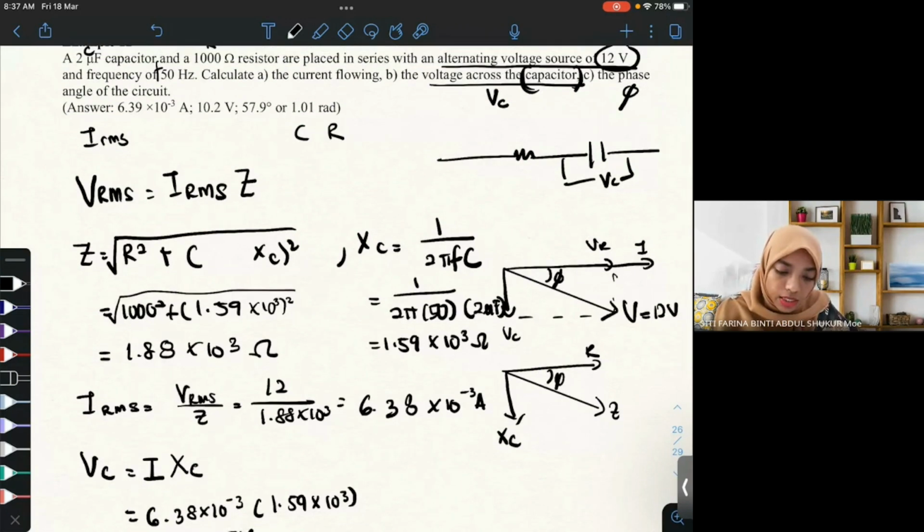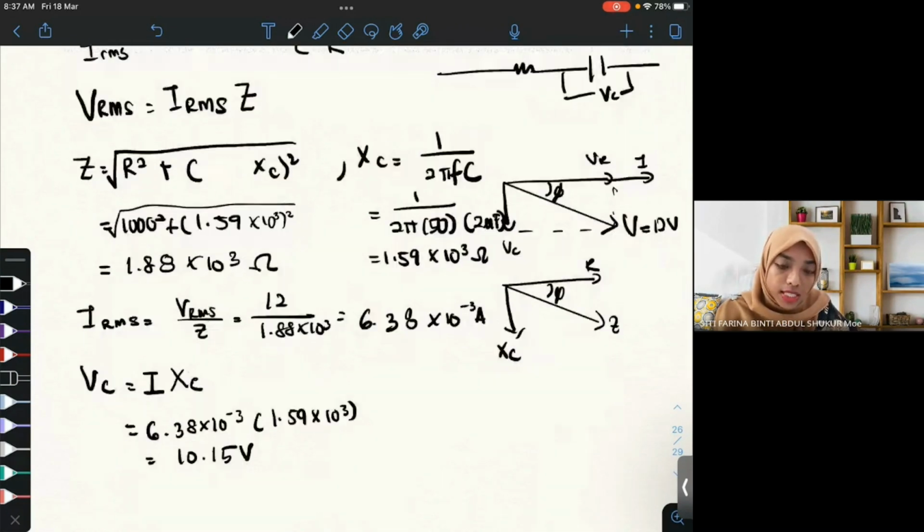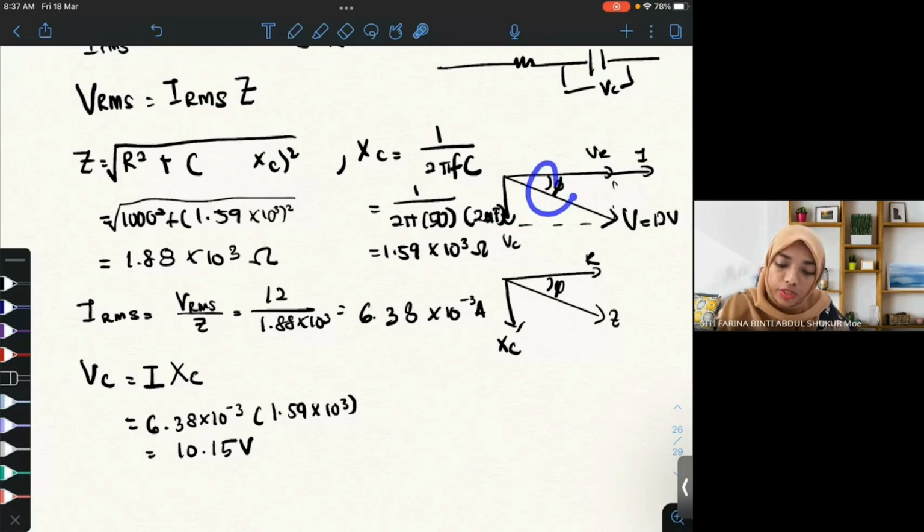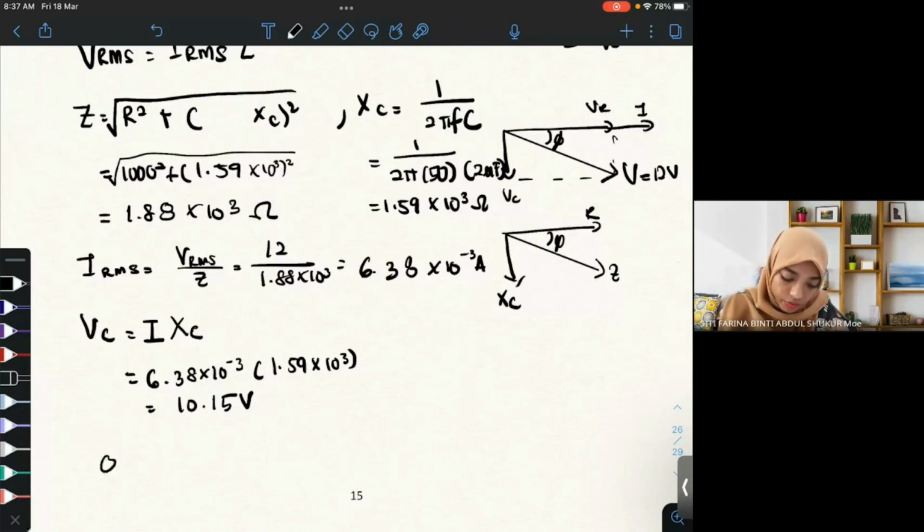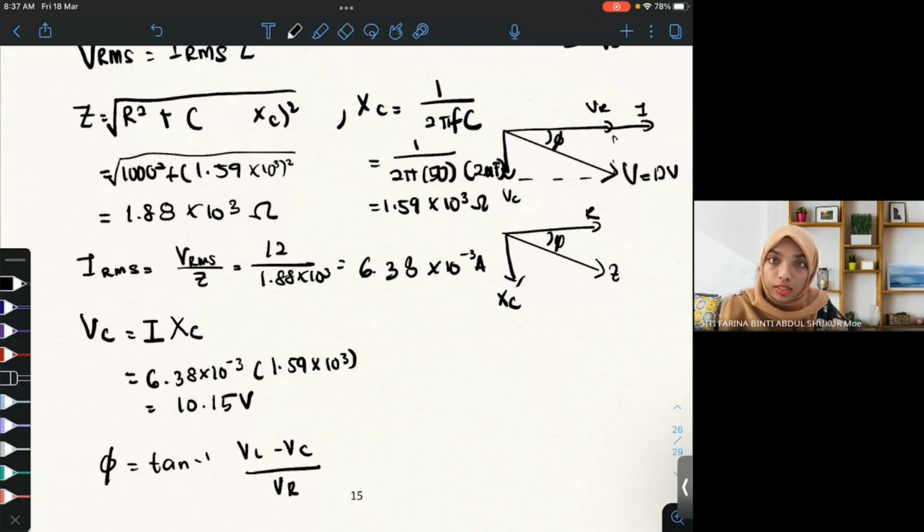And then finally, the question asks to find the phase angle. Kita nak cari θ ni. θ adalah shift tangent. Kalau kita hafal, kita akan hafal VL minus VC over VR. Ini yang kita hafal.